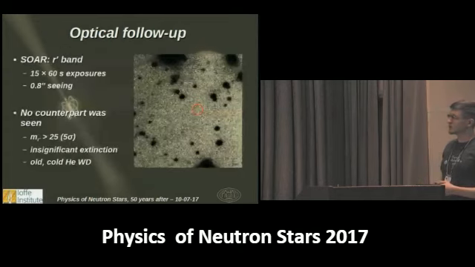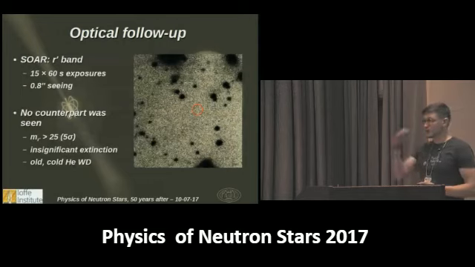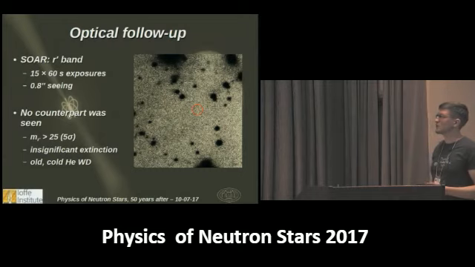Now, to better determine the binary parameters, we also observed the position of the pulsar in optical with the 4.1 meter aperture Southern Astrophysical Research Telescope in the I band. We did 15 exposures of 1 minute with 0.8 arcsecond seeing.